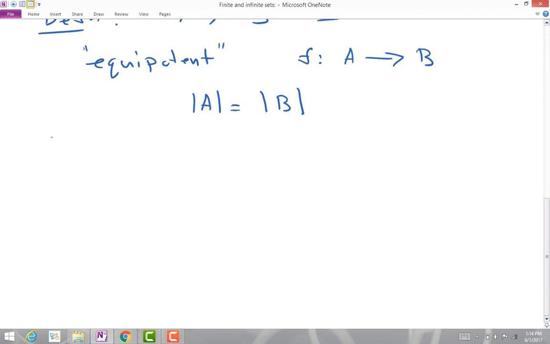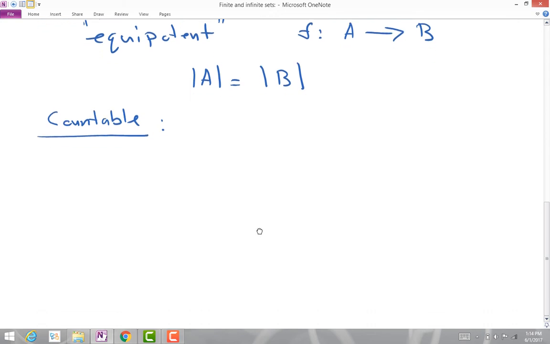And then we have the other word, which is important, which is countable. Now what's the difference between countable and uncountable? So we'll take the same example.